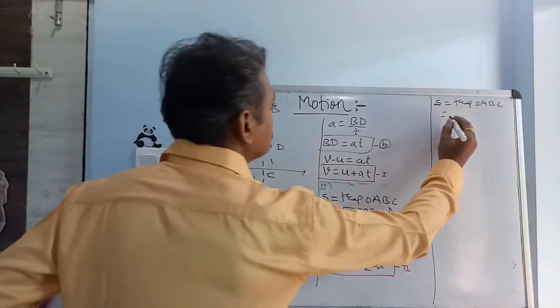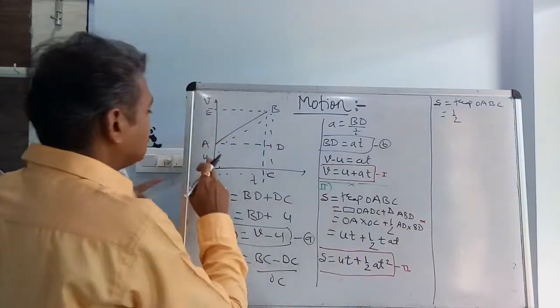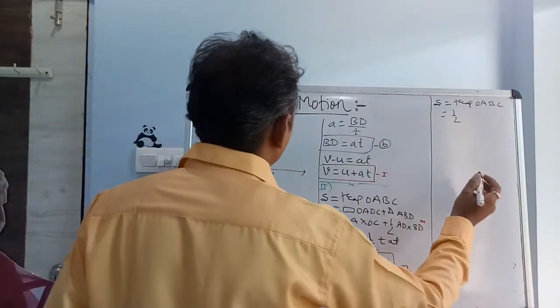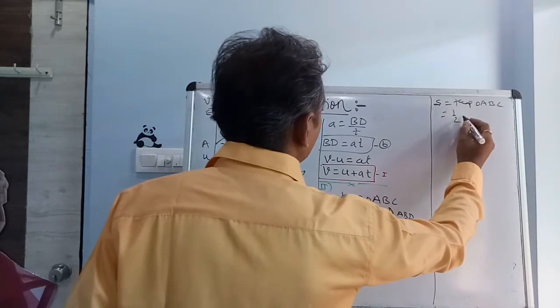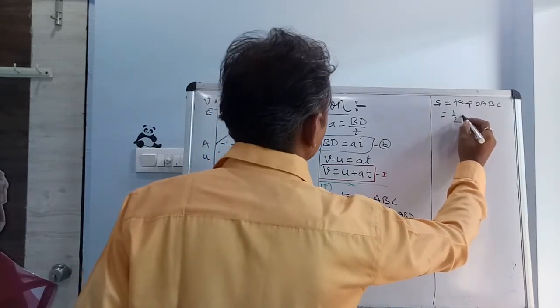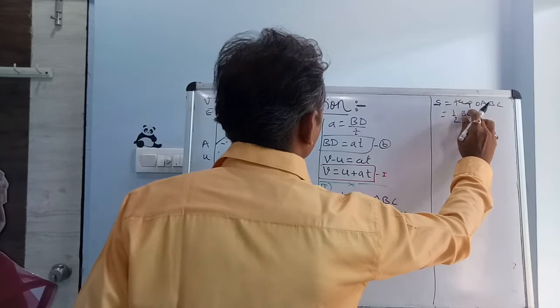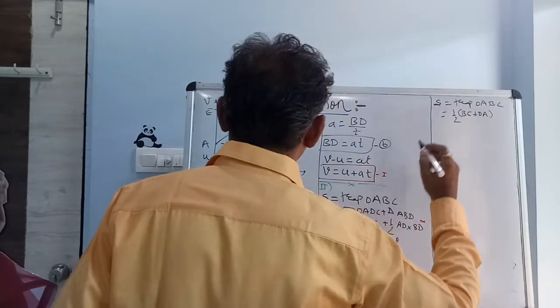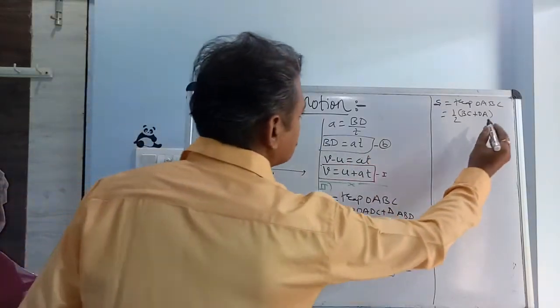This is a parallel side and this is a parallel side. So the parallel sides are BC plus OA, and the height is OC.